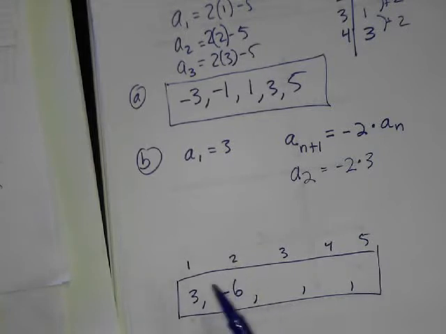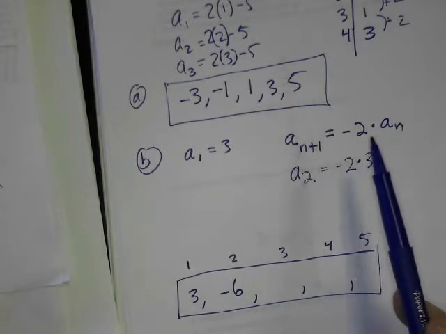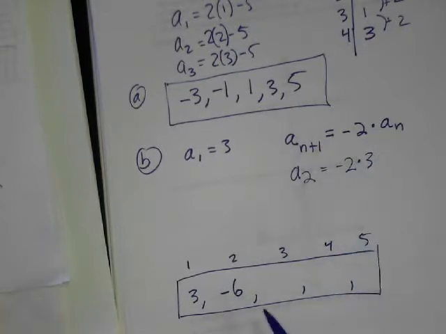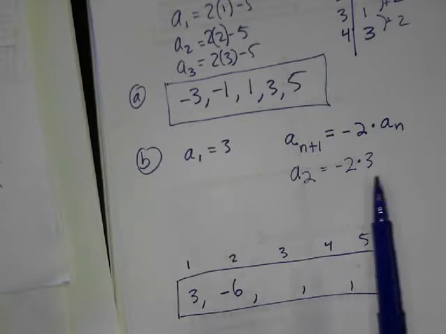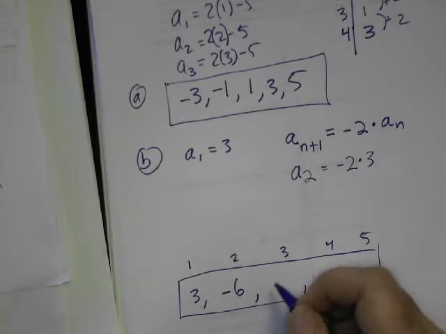If I want to go from the first term, which is 3, to the second term, well, I'm not being a good explainer. If I want to go from one term to the next, by ones, then all I have to do right here is multiply by negative 2. So basically, this recursive formula is telling me that I just multiply the term before it by negative 2. So that would be negative 6 times negative 2. Negative 12?